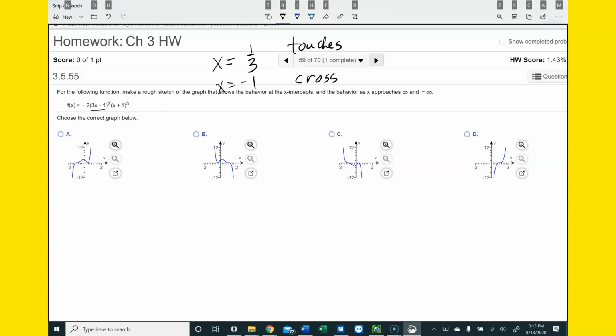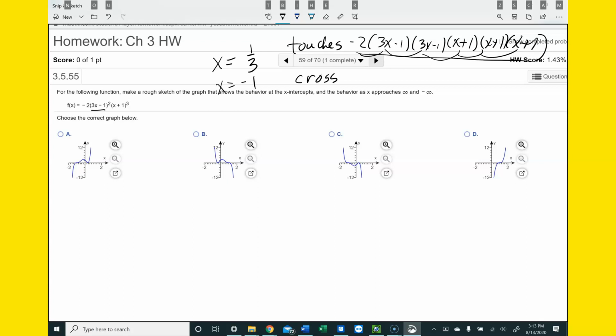Alright, what else is going to happen? I'm just thinking about, okay, if I have 3x minus 1 times 3x minus 1 times x plus 1 times x plus 1 times x plus 1, and I've also got a negative 2. If I distribute everything, what am I going to end up with? The 3x times the 3x times the x times the x times the x times the negative 2.